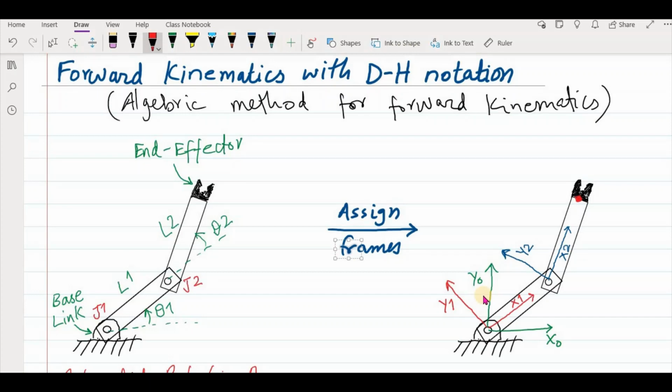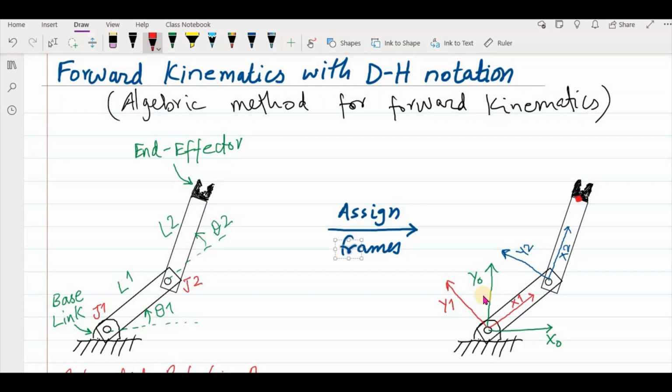And next, we put the x1 axis in the direction of the link length. Okay, and the y1 axis will be perpendicular to the x1 axis and z1 axis.